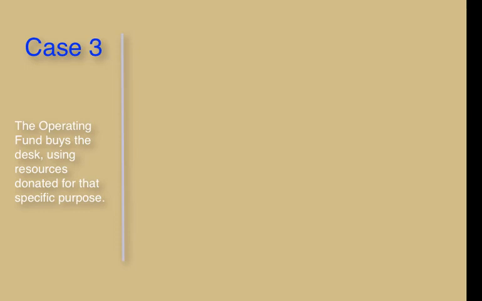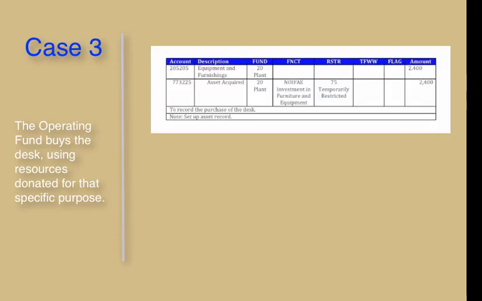We're going to need a third entry to record the actual equipment itself. So we're going to debit account 205205, the furnishings and equipment account, and use an analysis of Fund 20. The credit here will go to account 773225, assets acquired, and the analysis for this side will be Fund 20, function NOIFAE, the investment in furniture and equipment, and a restriction of 75 for temporarily restricted.